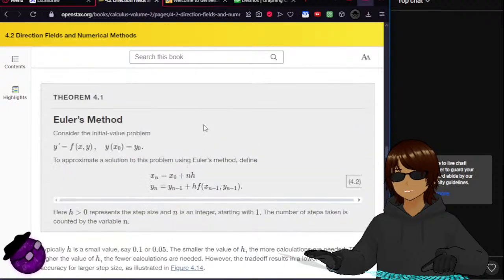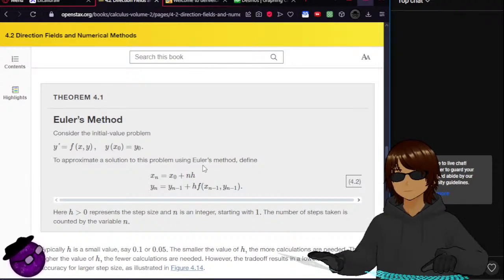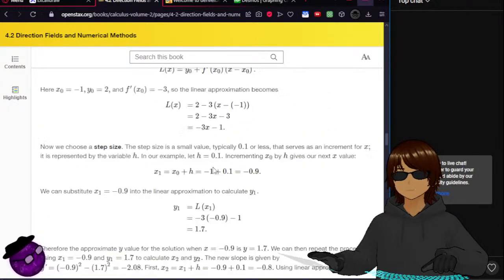For the linear approximation, we are using the derivative, but if the derivative is not known, we use the linear approximation, right?